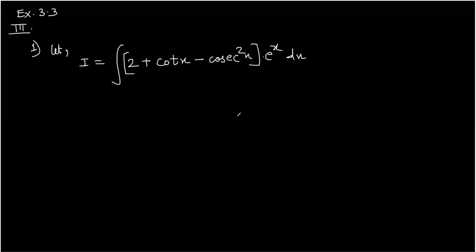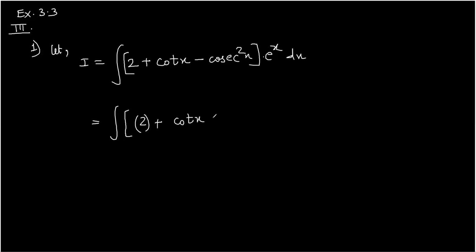Okay, so here what we will do is I will write 2 as one term, and this cot x minus cosec square x in one bracket, and then e raised to x. In the next step, I multiply this e raised to x with both.